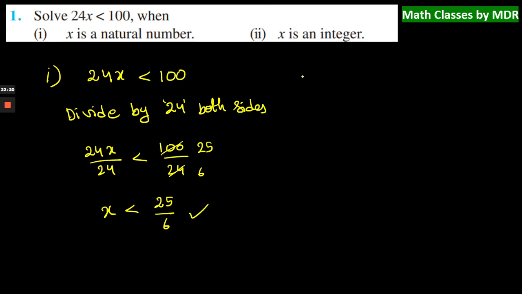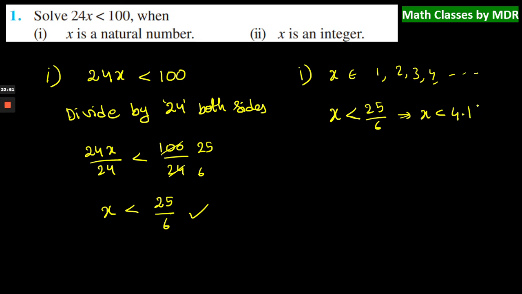So if it is a natural number and if it is an integer, there are two cases we see here. If x is a natural number, let's see the first case. X is a natural number means x belongs to the set 1, 2, 3, 4 and so on, right? So x less than 25 by 6. What is 25 by 6? 25 by 6 is nothing but 4.1 and so on, maybe 4.17.